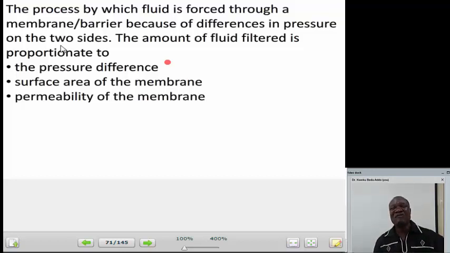Now, the vessels leading to the glomerulus are bigger, and those exiting the glomerulus are small. So there's a pressure difference there, and this forces fluid in the capillaries to get into the Bowman's capsule. I guess when you're doing the renal system, this will be elaborated on, right? And you understand it better.